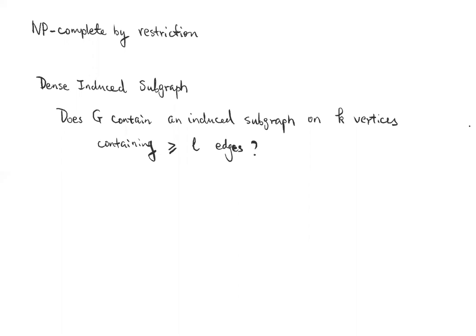Okay, so let's consider the following problem, the dense induced subgraph problem. We want to find an induced subgraph in a graph with as many edges as possible. Let me give you an example.